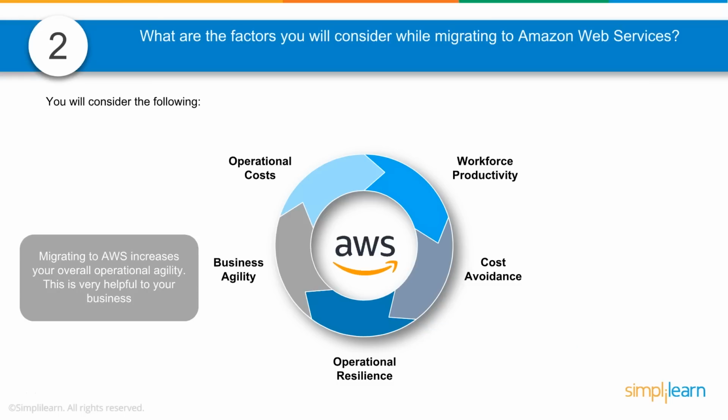And business agility: moving to the cloud, at least half of the responsibility is now taken care of by the provider. In this case, it's Amazon. Like if the hardware fails, Amazon makes sure that they're fixing the hardware immediately.